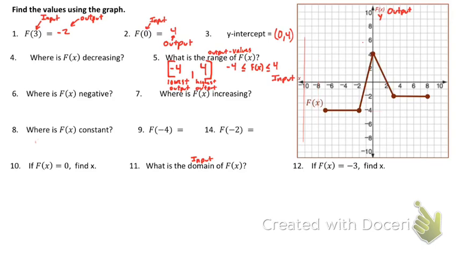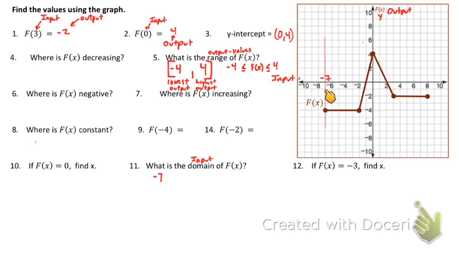My input value actually starts here. And that is negative 7. So my lowest input value that belongs to my graph is negative 7. So I'm going to put that first. Negative 7. And then we have to ask ourselves, are we using parentheses, which means my graph does not touch this point?